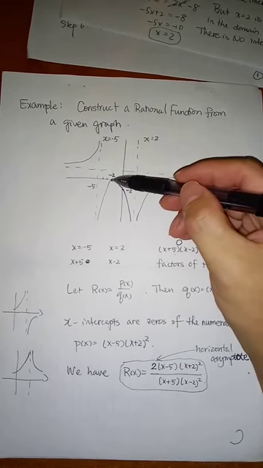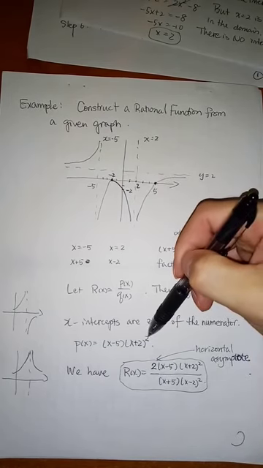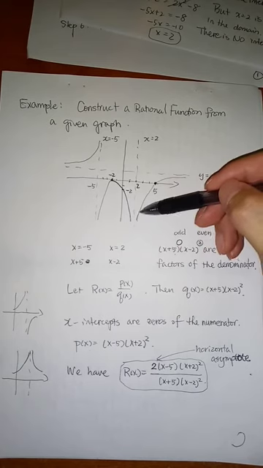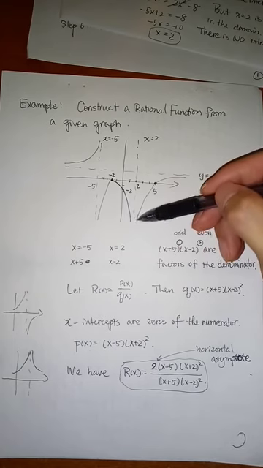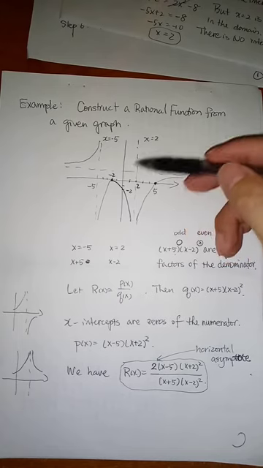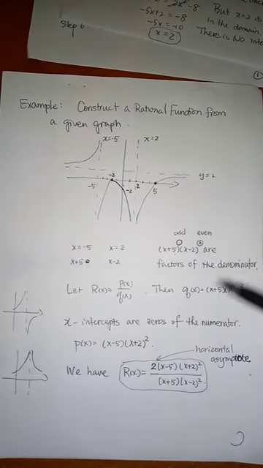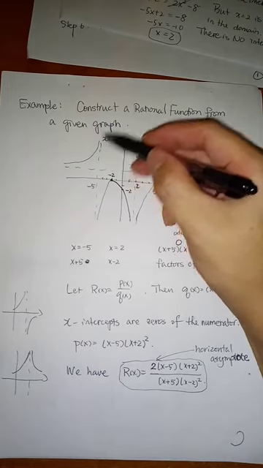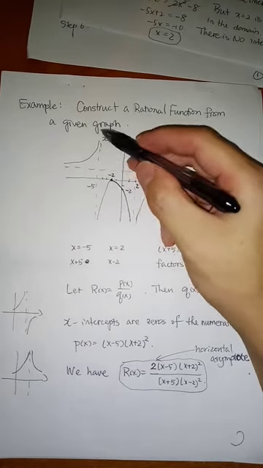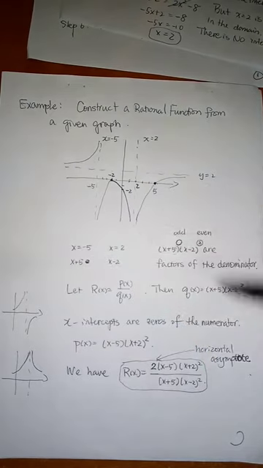Algebraically, if it touches the x-axis, the power is even. If they approach the same direction, same negative infinity or same positive infinity, the corresponding power is even. If they have different infinity, like one is up, one is down, then the corresponding power is odd. Okay?